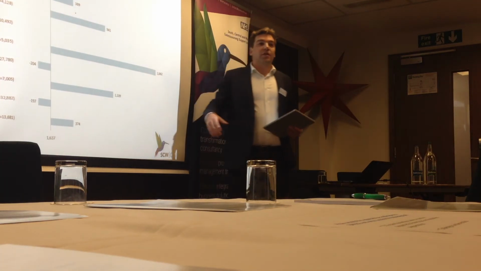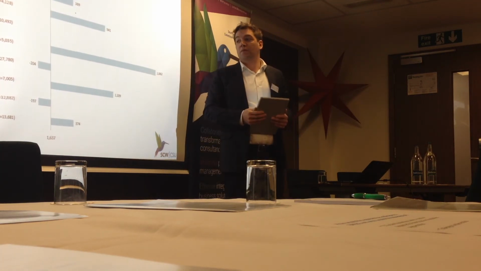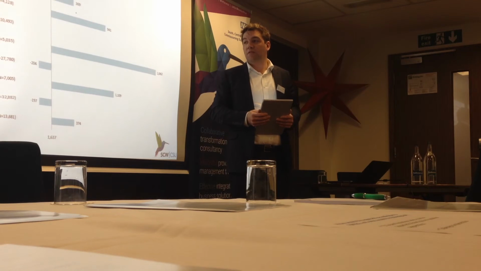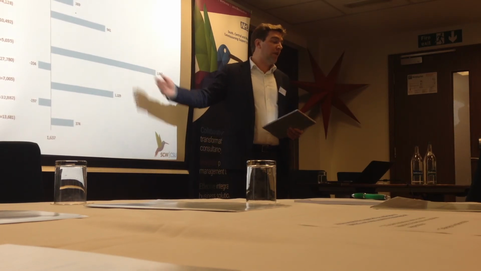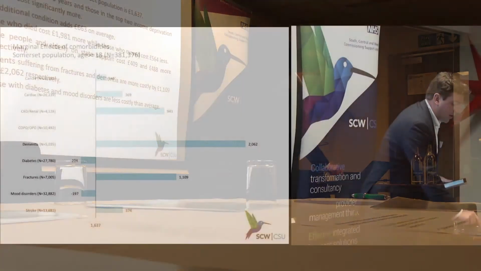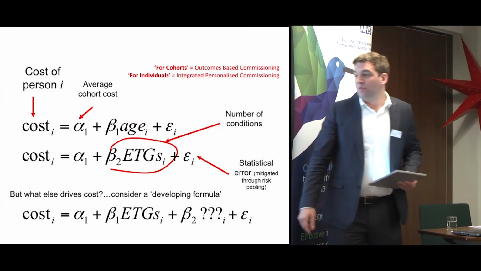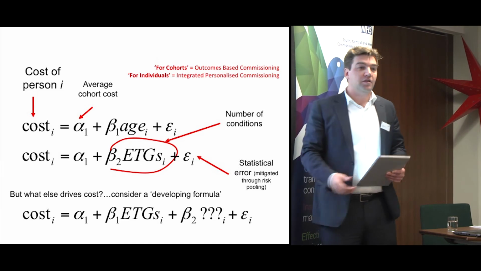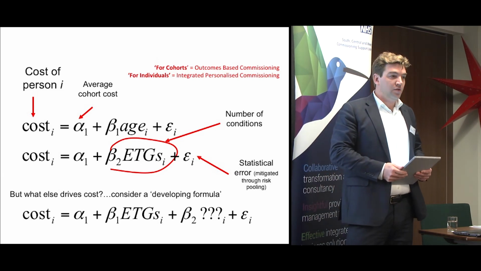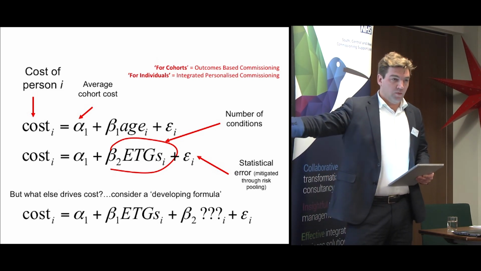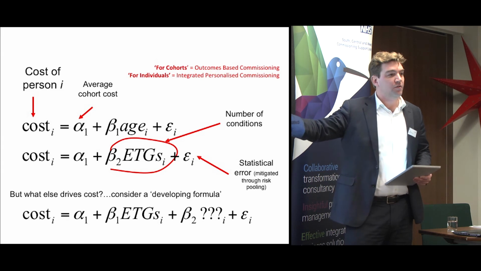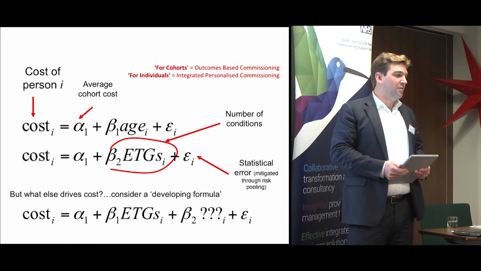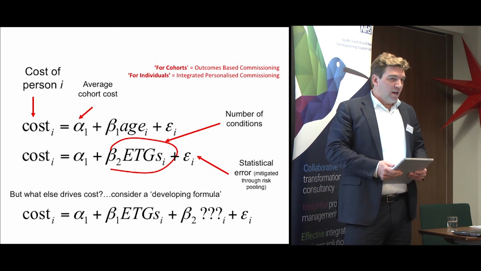So if you wanted to incentivise the better management of specific long-term conditions, you can use this sort of analysis, and you can build it in as a variable. If we go back to the formula, you could build it in as a plus here, and you could say, I want there to be fewer people with dementia in the population in 10 years' time, and I want the average cost of treating those patients to be cheaper than it currently is.